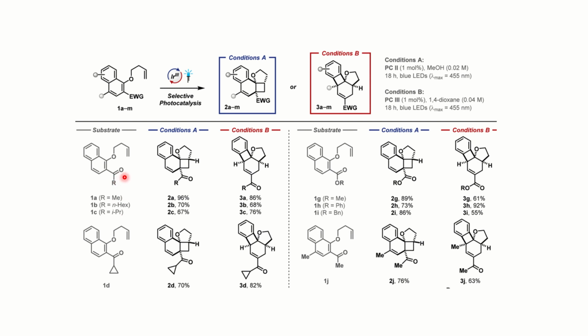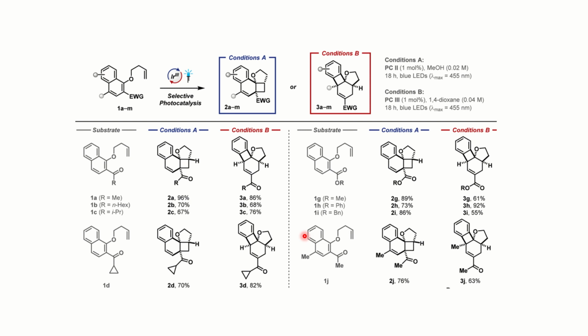They have changed different R substituents over the electron withdrawing groups, methyl, ethyl, isopropyl, as well as different substituents over the ring, and they observed good to excellent yield in each case.